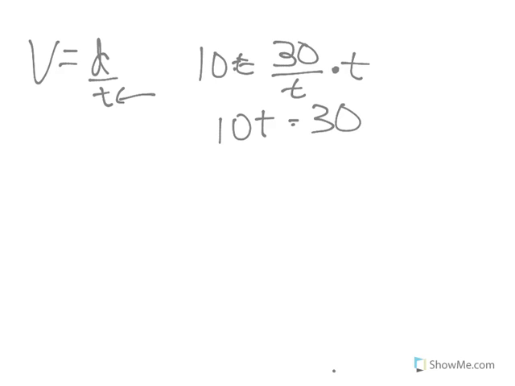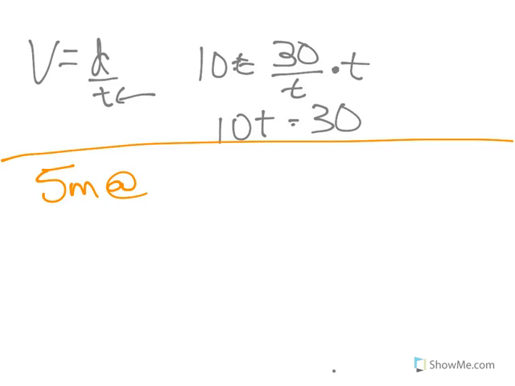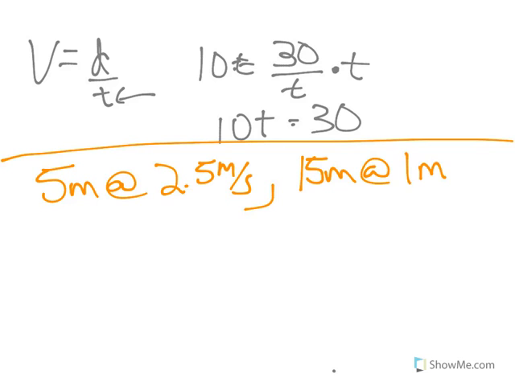So remember that. Also, this is one of the primary ways people get messed up here. This is one problem on the constant speed stuff that gets people. And that's if we go 5 meters at 2.5 meters per second, and then we go another 15 meters at 1 meter per second.